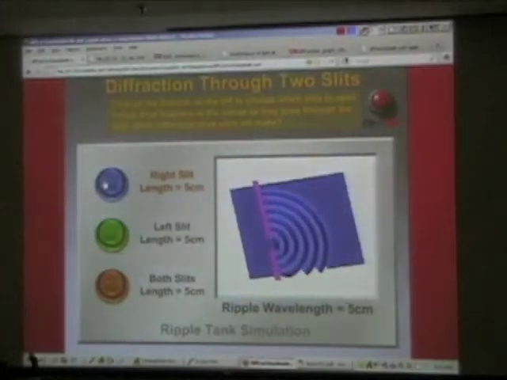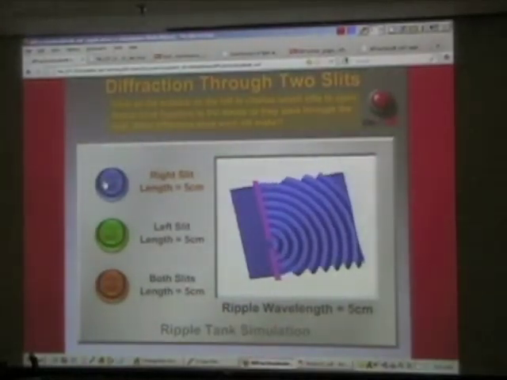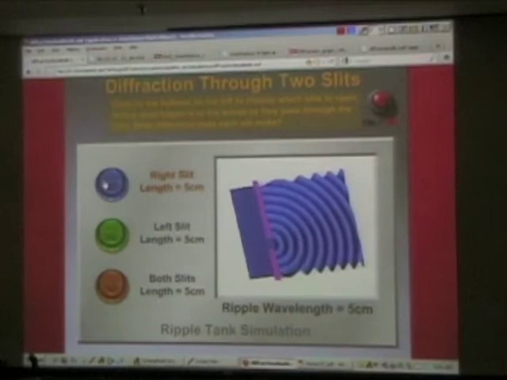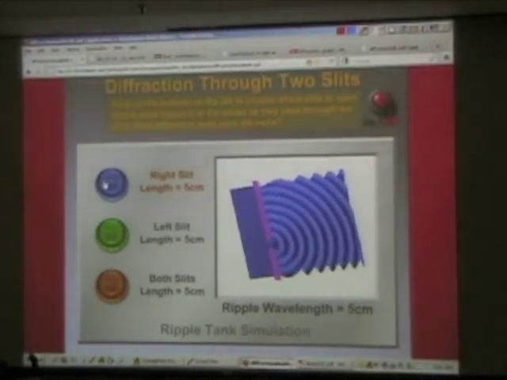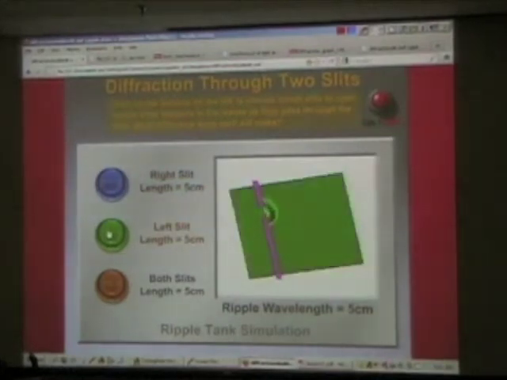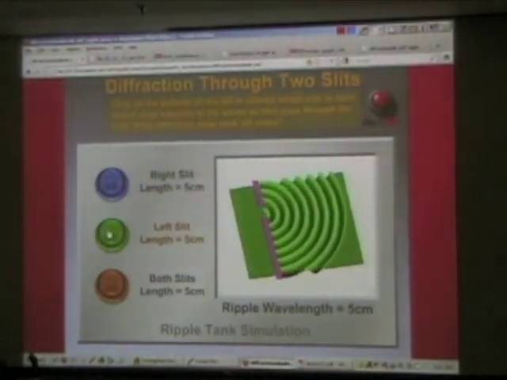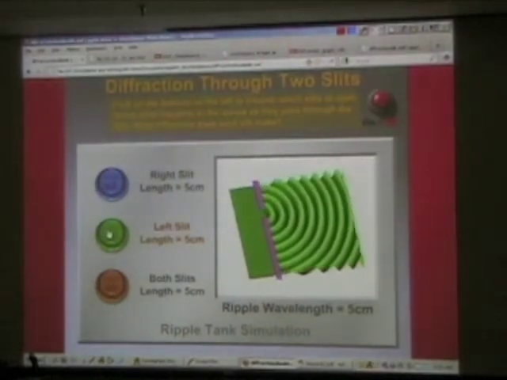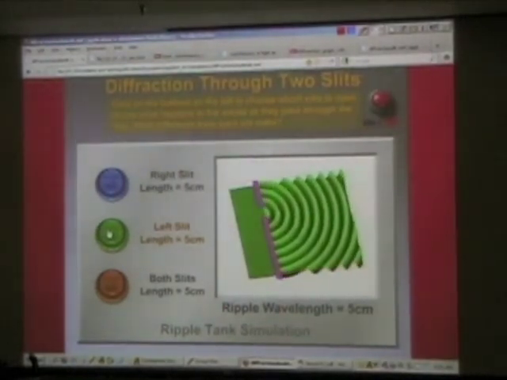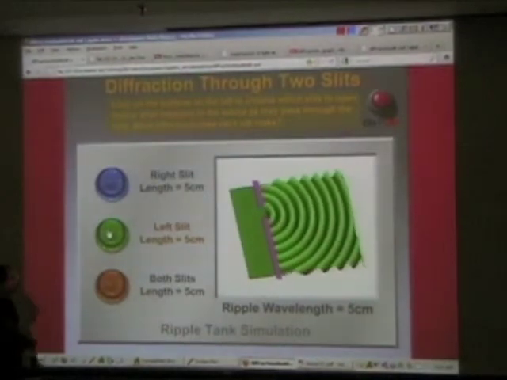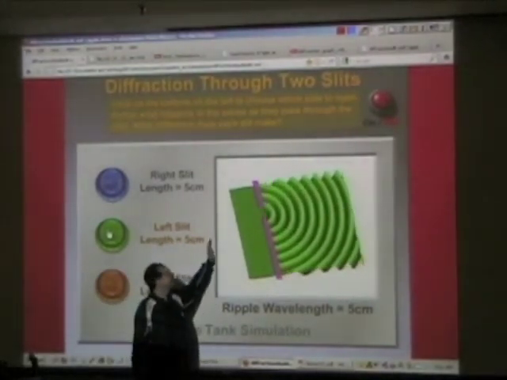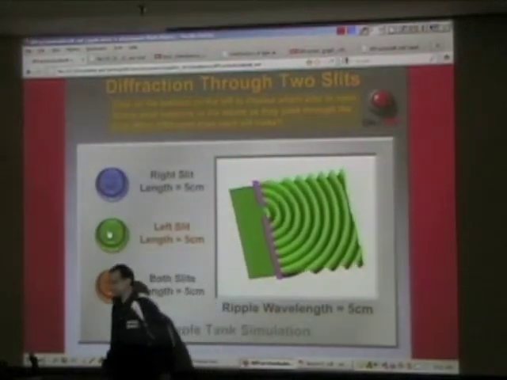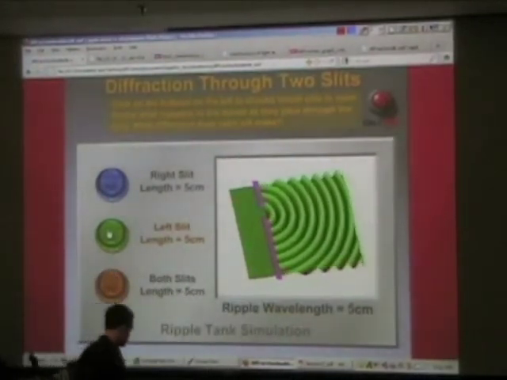If you have only one source, it generates spherical waves traveling away from it. If you have another one, well, this Java applet shows slits, not sources. It doesn't really matter at this point. We can assume there is a wave source behind this wall and waves are getting through.